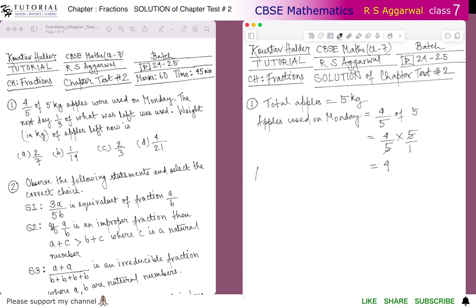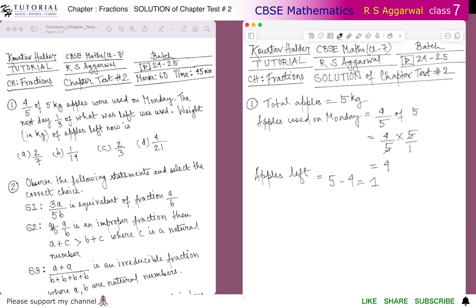So apples left now after Monday: initially there was 5 kg and 4 kg has been used on Monday. So after Monday we have the apples left is 5 minus 4, that is 1 kg.